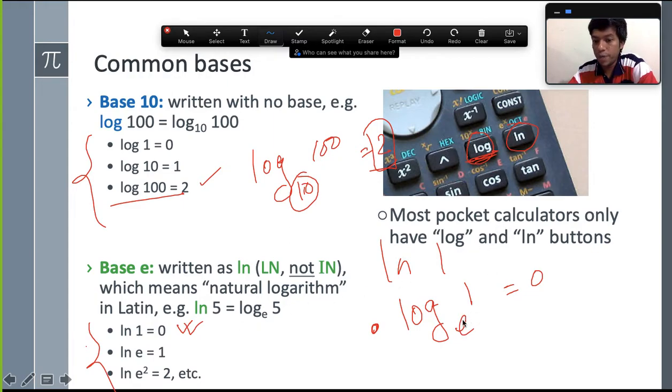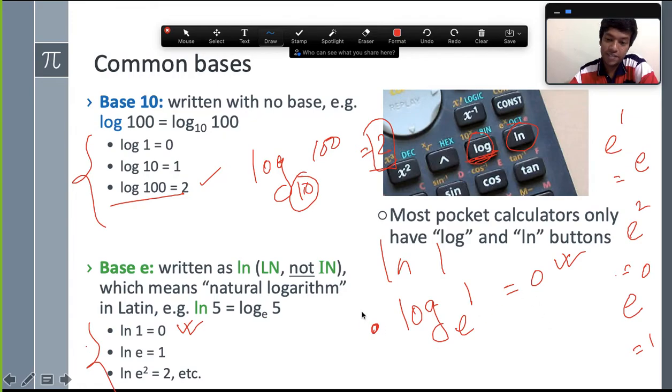Think about it. What power of e will make it 1? e to the power 1 equals e, e to the power 2 equals e squared. e to the power 0 will make it 1. That's why the answer is 0.